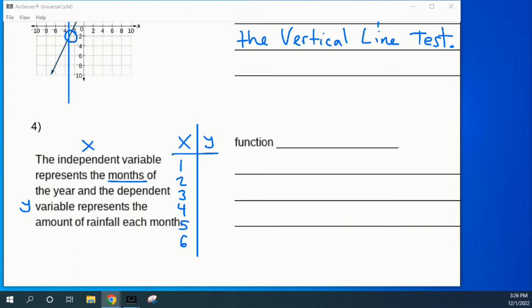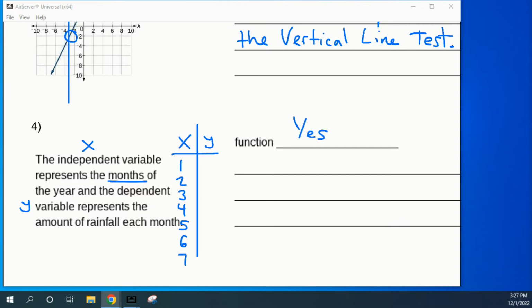And it'll keep going. Your inputs are not going to repeat. It's not going to go January, February, March, January, April, May. Since our inputs are all going to be different, there's no way that any input would have more than one output. So this is a function.